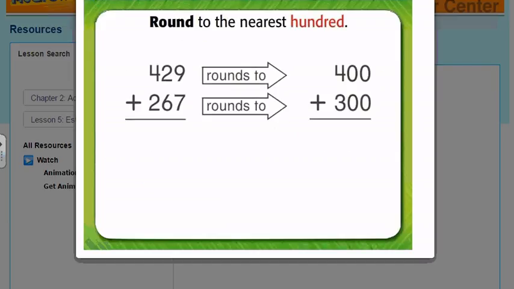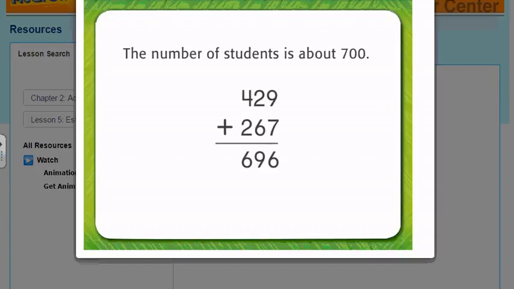So 429 rounds to 400, and 267 rounds to 300. 400 plus 300 equals 700. The number of students that attend Webster School and Jefferson School is about 700. The exact number of students that attend Webster School and Jefferson School is 696.